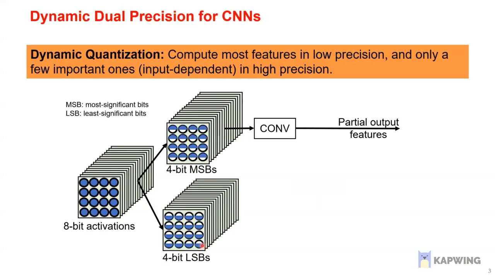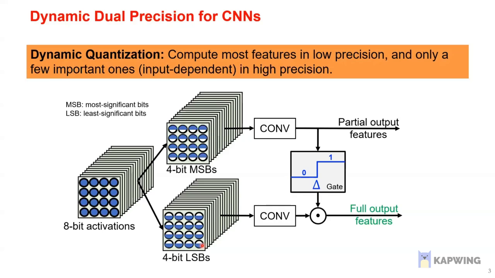Then we use a threshold delta to gate the partial output features to predict which ones are important to the given input. We only update these important features to full precision by using the Hadamard product. Ideally, most features will be computed using low precision. The importance of the features is input dependent, so it is dynamically predicted during inference.